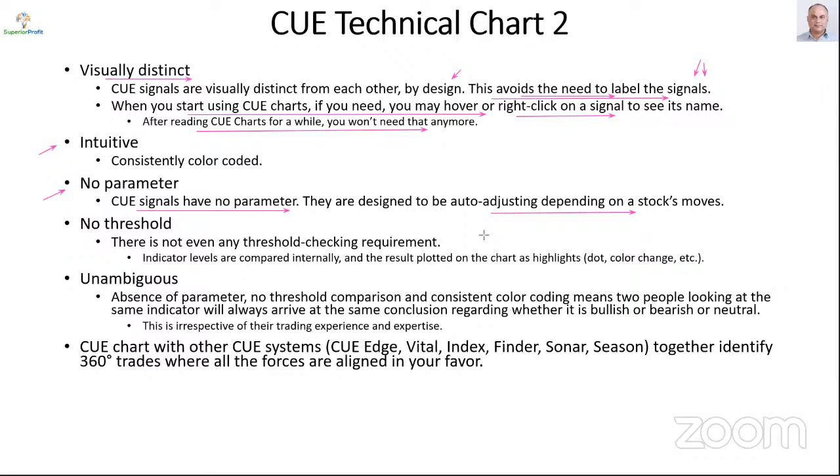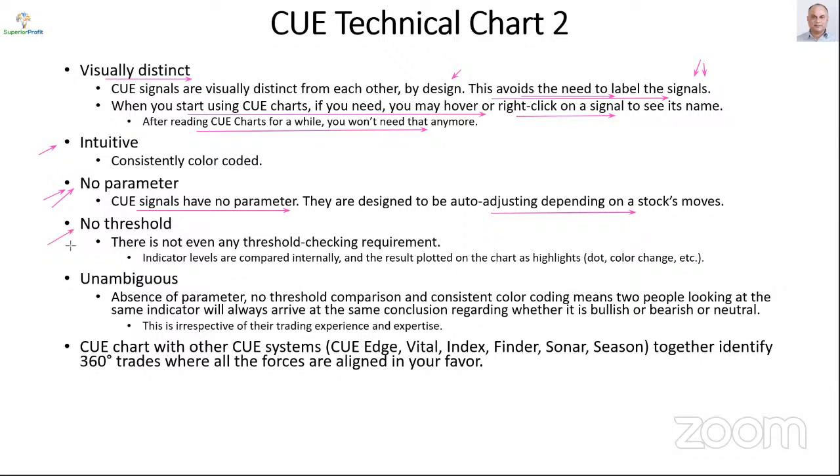And certainly different people use different parameters for the same stock. That means when two people look at the same stock at the same time, they may come to different conclusions. I wanted to avoid that. That's why I made a conscious decision of not allowing to set any parameter in any indicators.